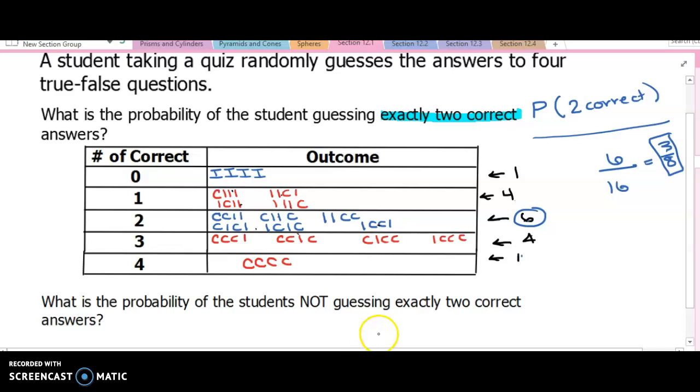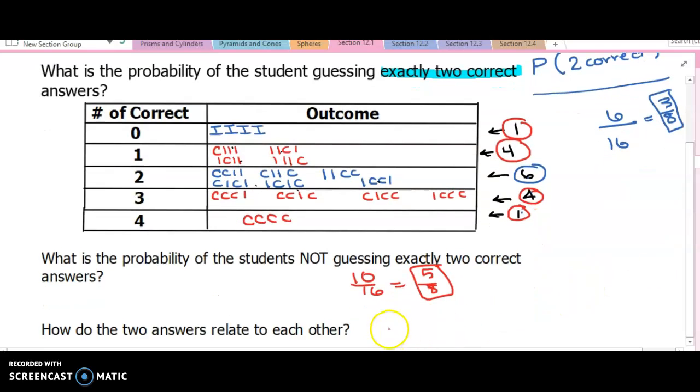Okay, so what is the probability of the student not guessing exactly 2 correct? Well, that would be the rest: 1 plus 4 is 5, 5 plus 4 is 9, 10. So it'd be 10 out of 16, which is 5/8. And I want you to look at the 3/8 and the 5/8. Is it coincidental that they both add to 1?